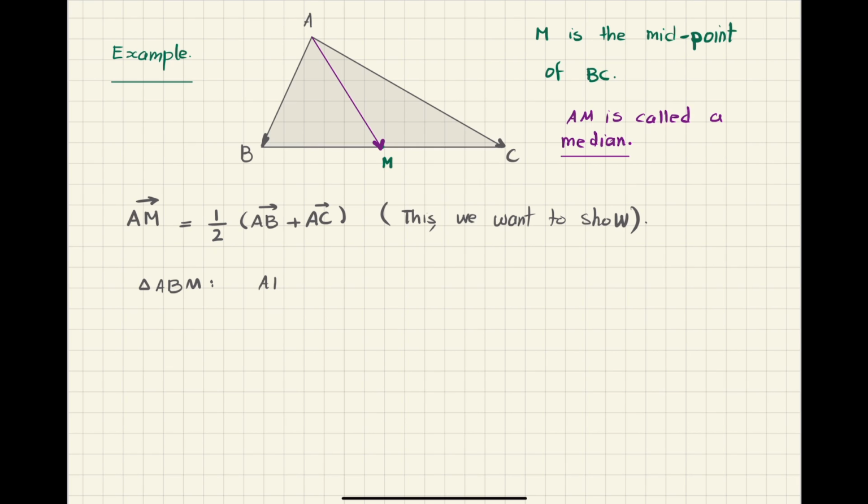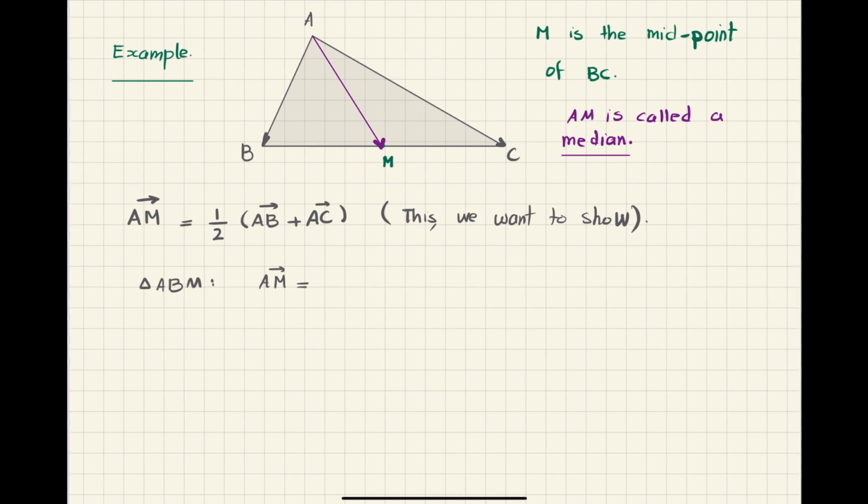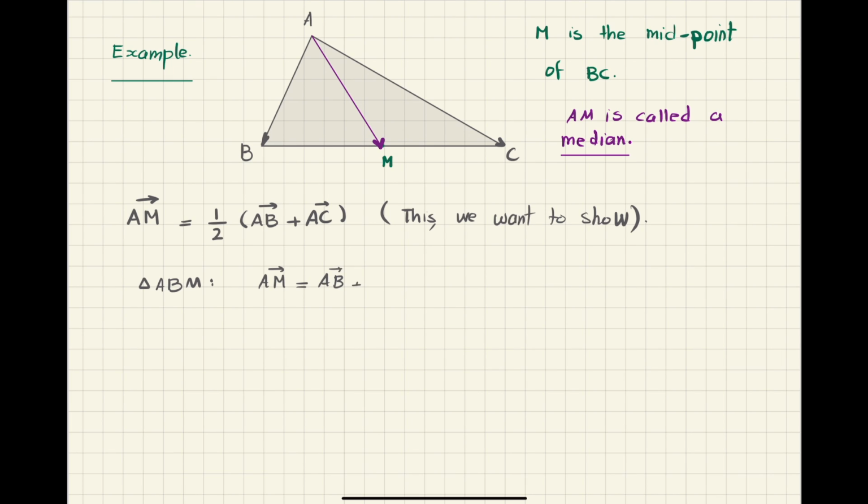I can write that vector AM is equal to what? Is equal to vector AB plus vector BM. Do you agree? If I add these two vectors, it becomes exactly vector AM. Is that clear for everyone? Yes. So I would write that AM is equal to AB plus vector BM.